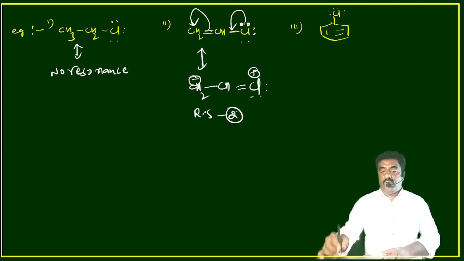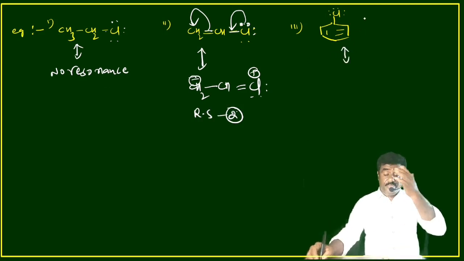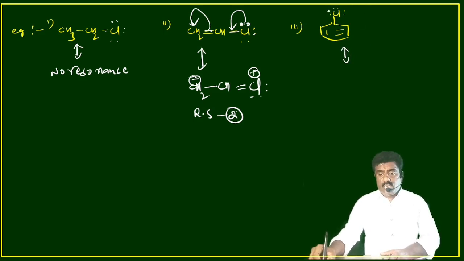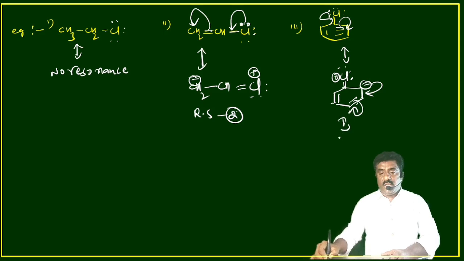Have a look at the third example. Here chlorine has a lone pair of electrons, lone pair, sigma and pi. Look at the resonance structure: carbon-chlorine double bond with positive charge, and a negative charge. This negative charge shifts to this carbon and this pi bond shifts to this one.